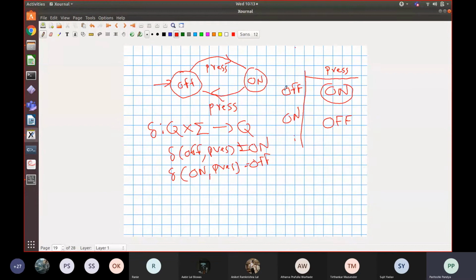Now we can slightly enrich this and also indicate by putting an arrow in front of off that the system off is actually the initial state. So we are coding this whole diagram by this what is called the transition table with this decoration. So we can draw it as a diagram.